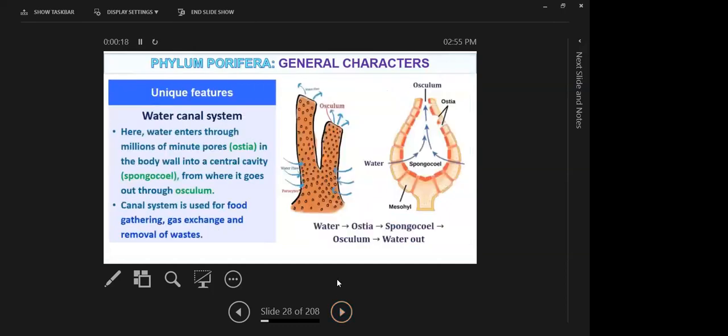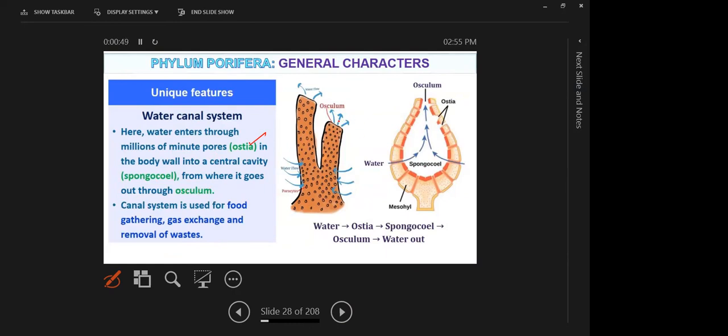So, the water canal system is a unique feature of poriferans. You get to see this only in poriferans. Here water enters through minute pores in the body wall, and these pores are called ostia. It goes out through the osculum.